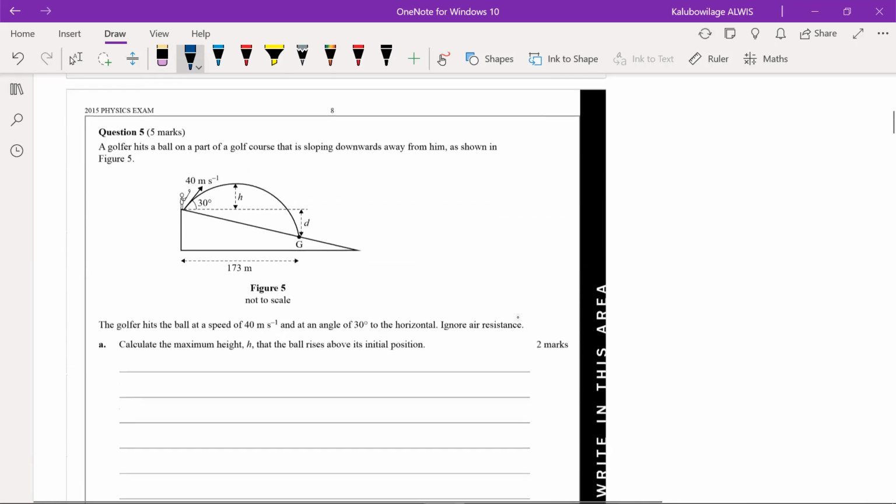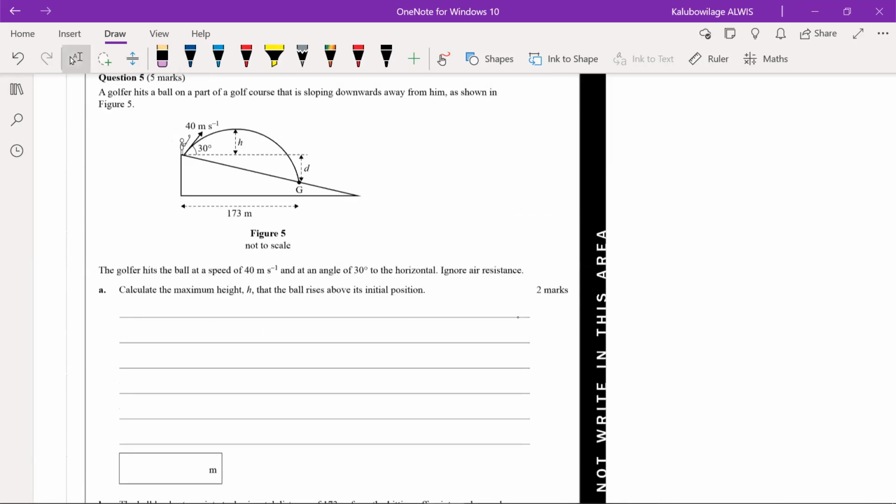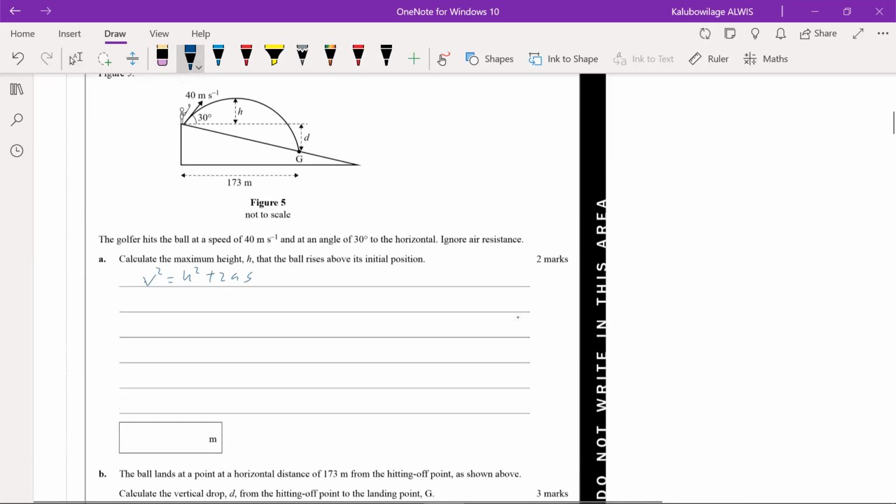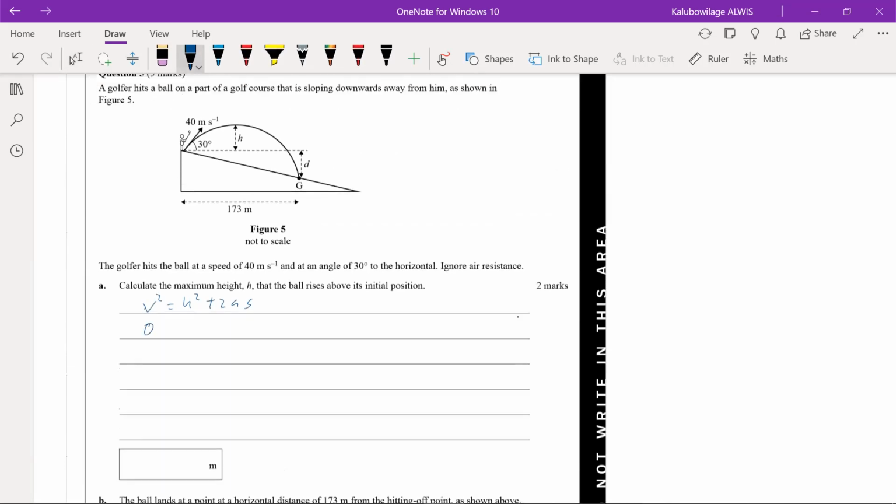A golfer hits a ball. Calculate the maximum height. Expression: v squared equals u squared plus 2as. At the highest point, we know that v is 0, and it's going at 40 sine 30 for the vertical, squared.